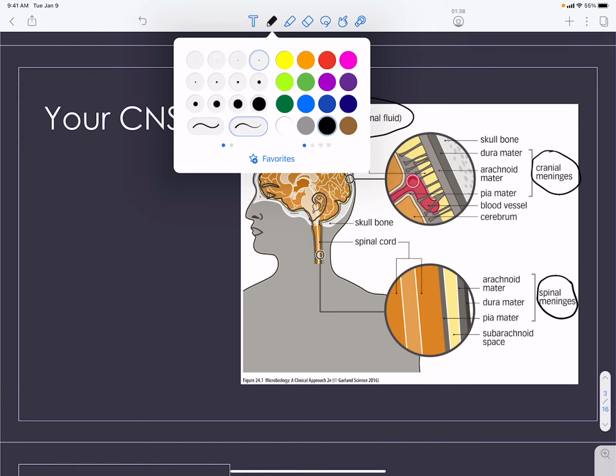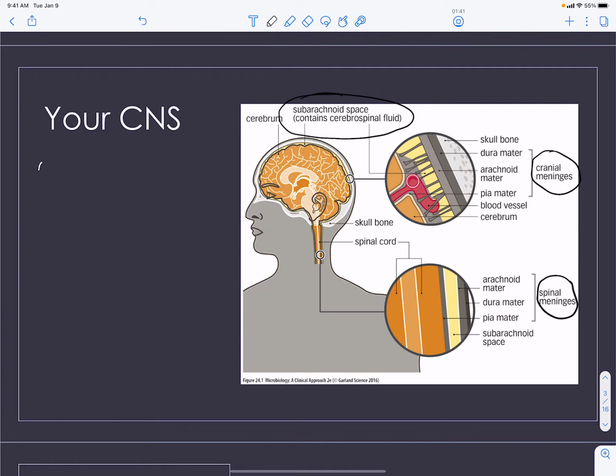Now, in your central nervous system, a few things of note. There is no room for swelling. And so anytime you have inflammation, you're going to get swelling. Inflammation is one of the first and most formidable responses to an infection, and it's always going to lead to swelling. So what that means is you want to prevent inflammation.